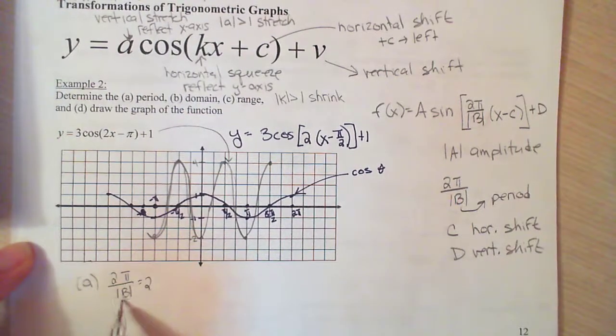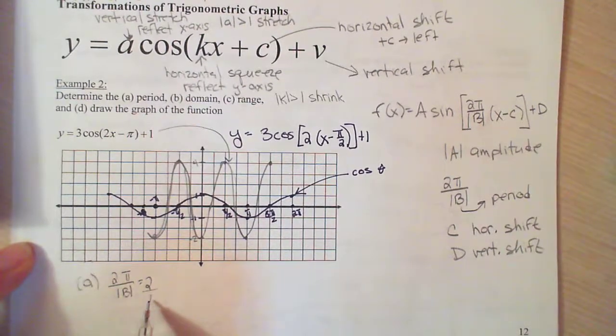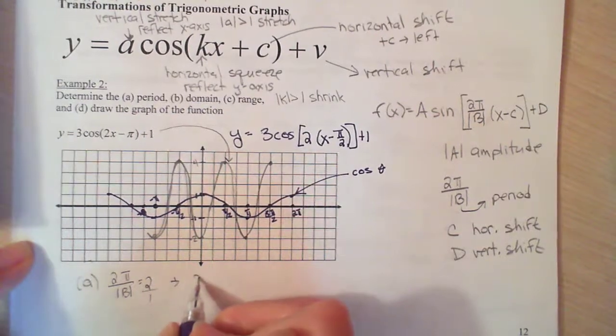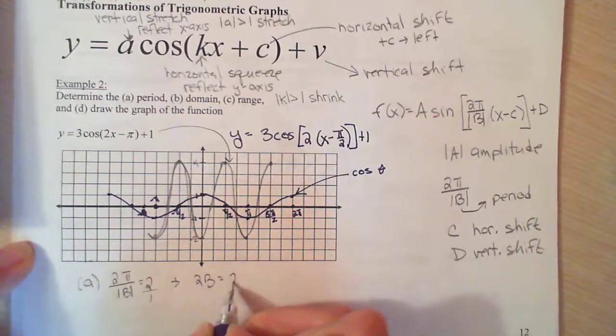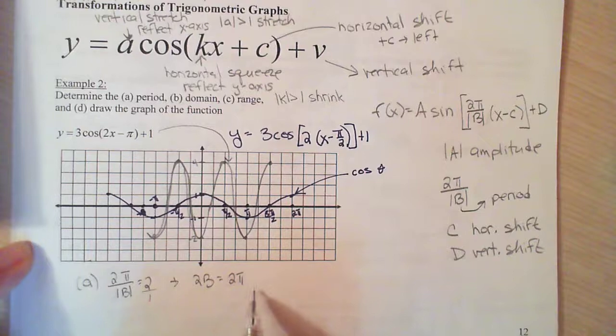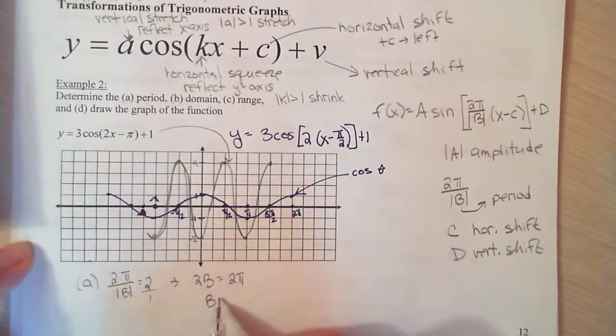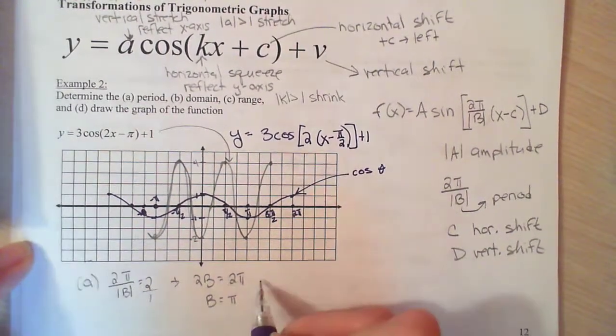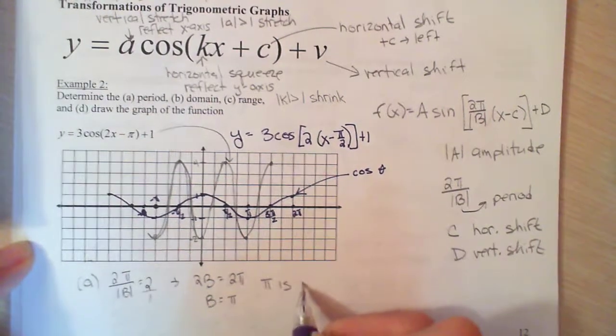So what we want to do is solve for b. If I have two fractions with an equal in the middle, I like to cross multiply. So I get 2b equals 2 pi. Divide both sides by 2, and I get b equals pi. So pi is the period.